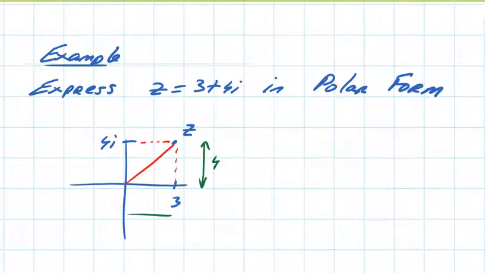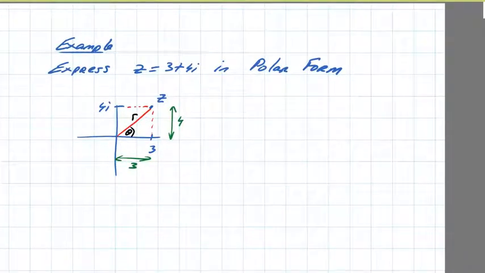That's 3 units across. And that's theta, of course, and that's r. Now let's get r and theta. So the name of the game is this: sketch the diagram, get r and theta, and then fill them into the formula, and that's it.